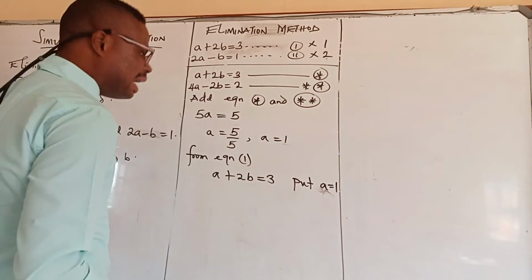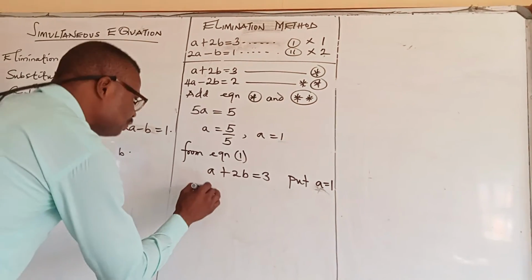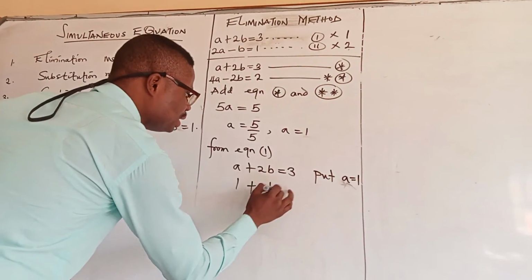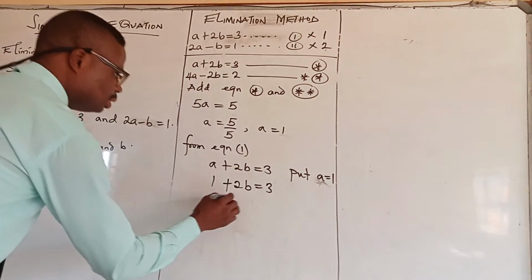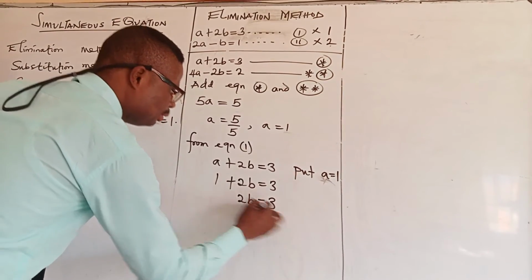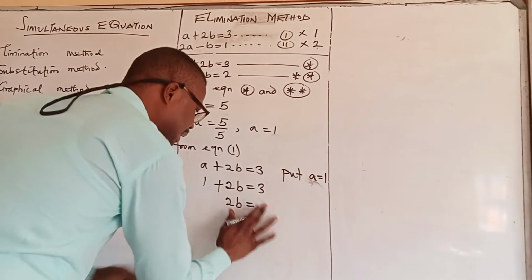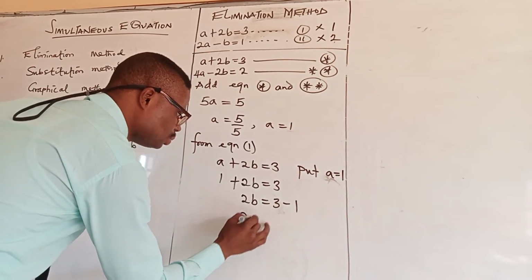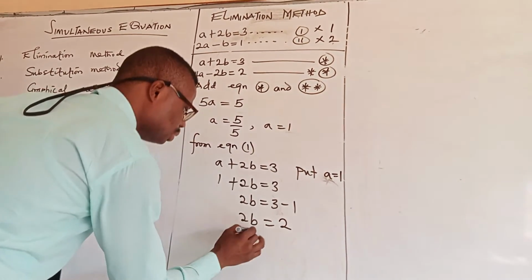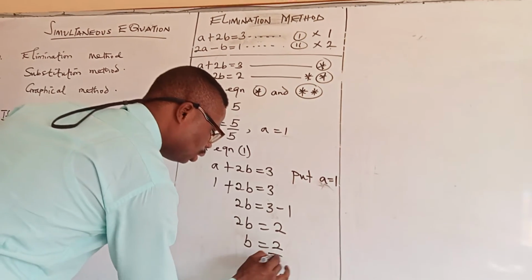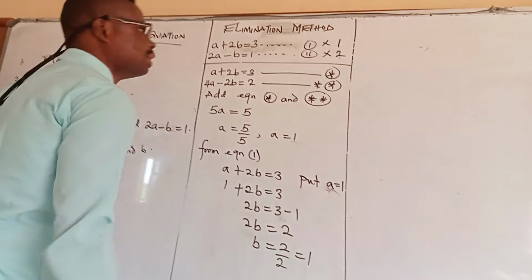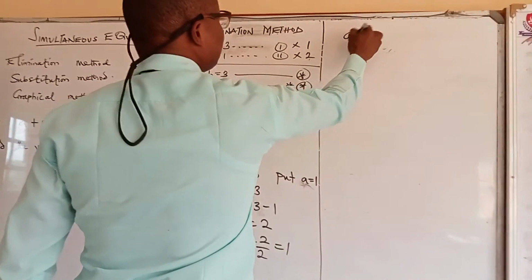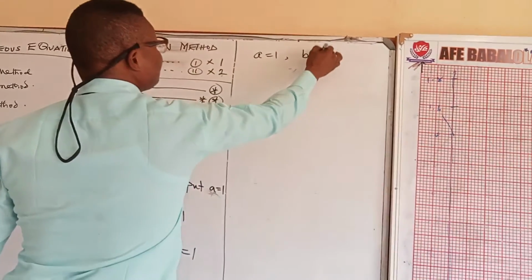We have 1 plus 2B is equal to 3. Then 2B equals 3, take the 1 to the other side, becomes minus 1, so 2B is equal to 2. Then B is 2 over 2, which is 1. So the value of A is 1 and B is 1.